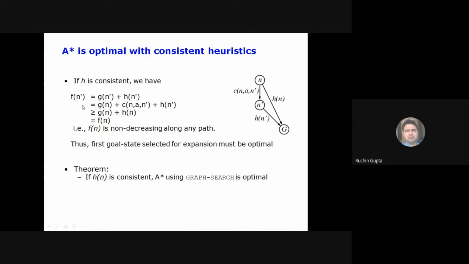So in this situation, what is the value of fn dash? This is gn dash plus hn dash. And what is this gn dash? The cost to the node n dash from the starting node. Gn is the cost from the starting node to the node n, and the cost from n to n dash is given by c(n, a, n dash).